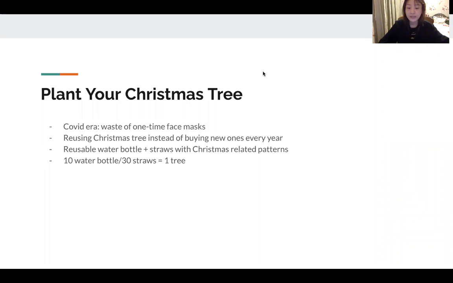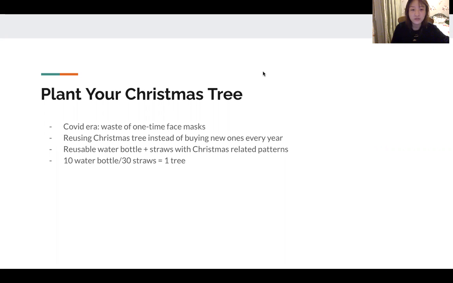And so for this campaign, it's called Plant Your Christmas Tree. During the COVID era, people are using a lot of one-time face masks, which is a pollution to the environment.